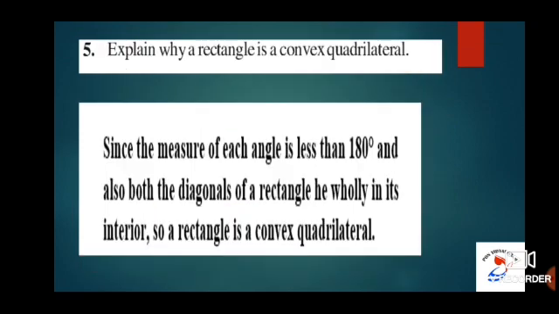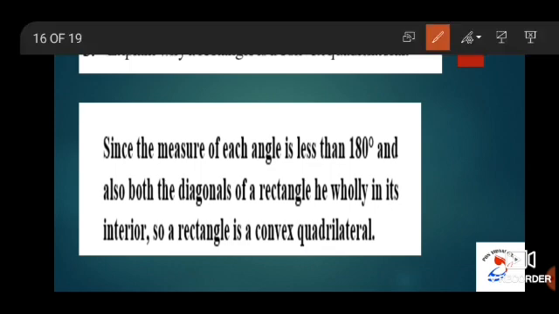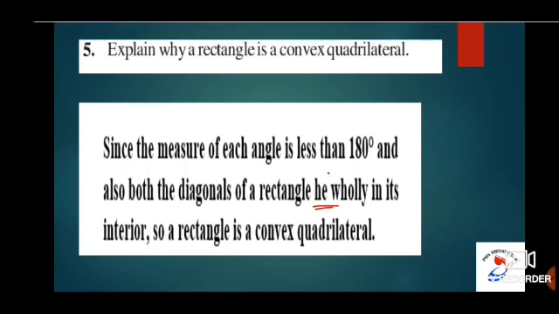Now fifth problem. Explain why a rectangle is a convex quadrilateral. Children, since the measure of each angle is less than 180 degrees and also both the diagonals of a rectangle lie wholly in its interior, you can conclude a rectangle to be a convex quadrilateral.